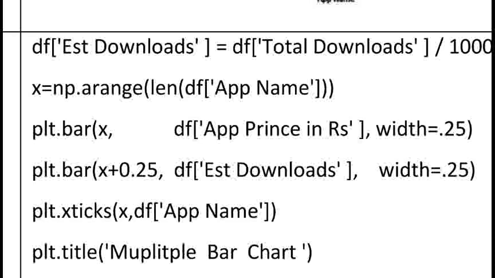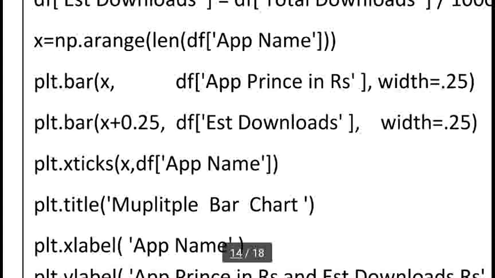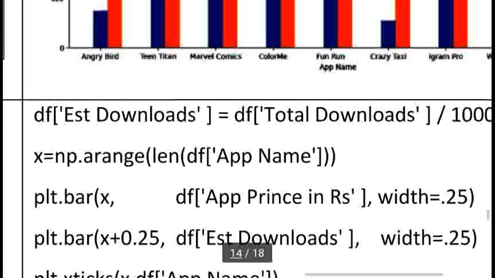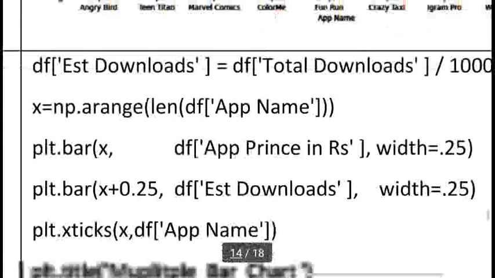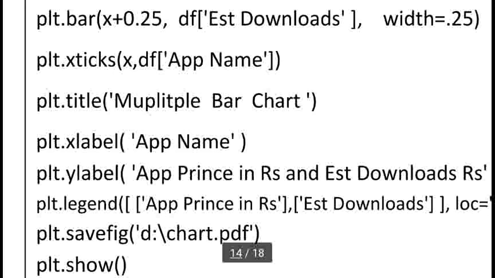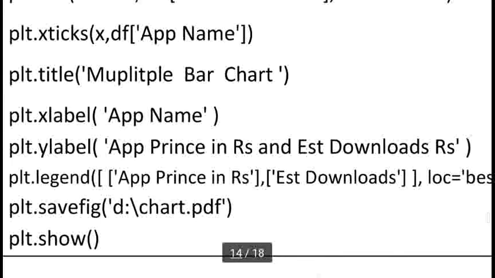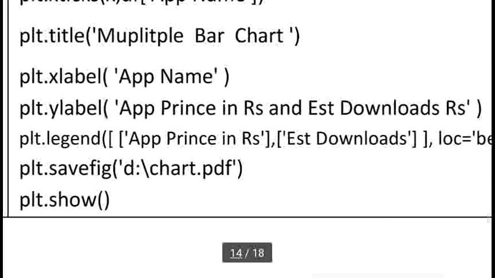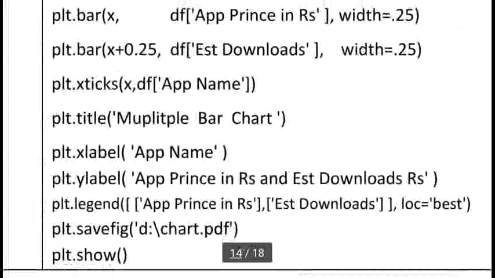Here I am using xticks: x comma df app name. So all the 0 1 2 3 are replaced in the chart by Angry Bird and so on as titles accordingly. Title, x label, y label, legend we can use: application price, this is not prince, this is price. Location based we can save this chart, then plt.show.